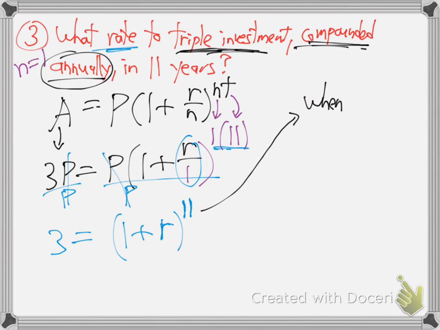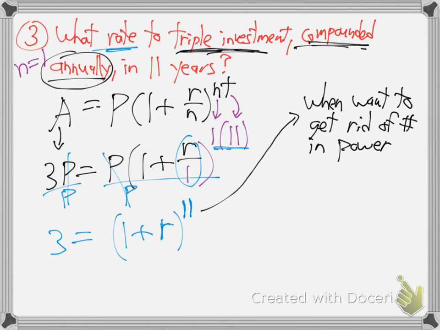When you want to get rid of a number in a power, what do you do? You do 1 over the number, 1 over the number to the power on both sides.